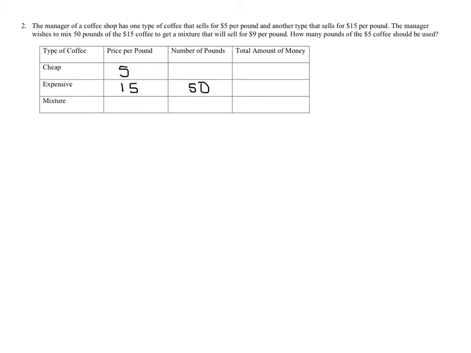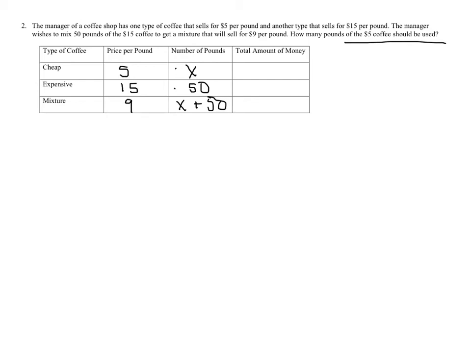And they want to get a mixture that will sell for $9 a pound. How many pounds of the $5 coffee should be used? We don't know. So you're like, okay, this is good, but I need this mixture guy. Well, the mixture guy right here is I need to mix x plus 50 and I will get my mixture, because I use some from the $5, 50 from the $15 to get x plus 50.